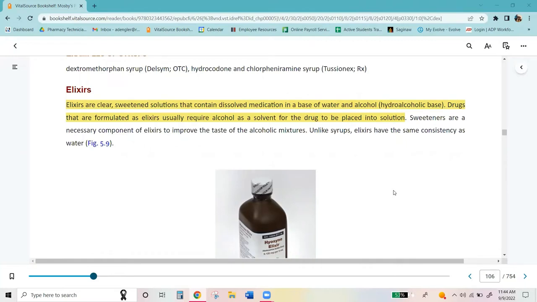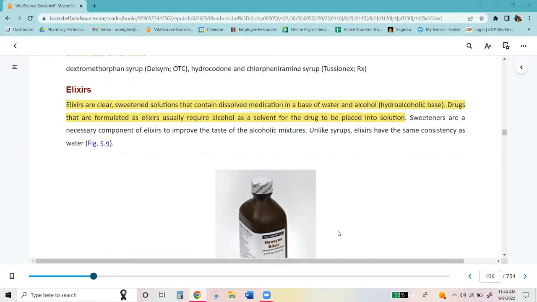Drugs that are formulated as elixirs require alcohol as a solvent for the drug to be placed into solution. Sweeteners are a necessary component of elixirs to improve the taste of the alcoholic mixtures. Unlike syrups, elixirs have the same consistency as water.